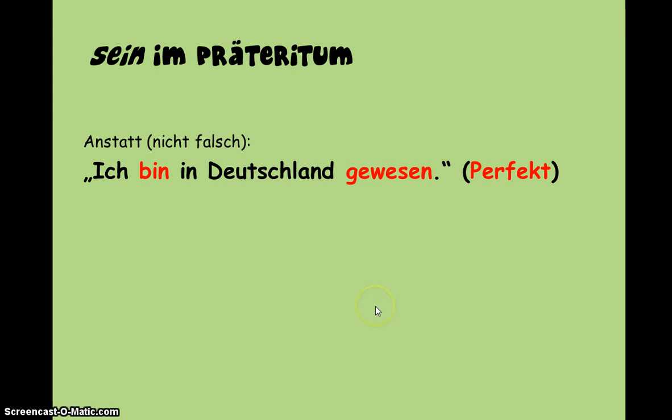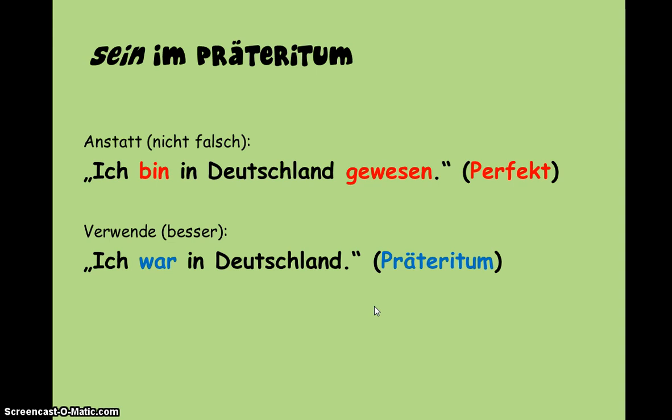Instead of that, we could say, and that is a better way of making the same statement, ich war in Deutschland. And that is the preterite. I was in Germany, and you can see already that that is a little bit closer to English, and therefore a little bit easier for you guys probably to form.